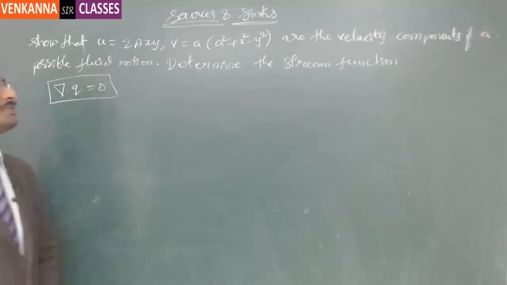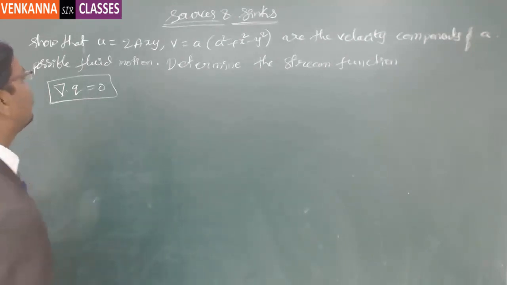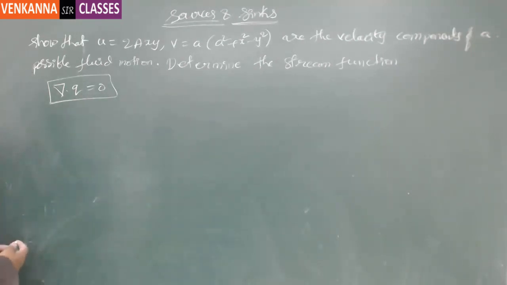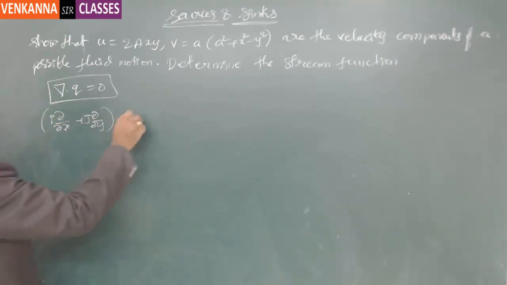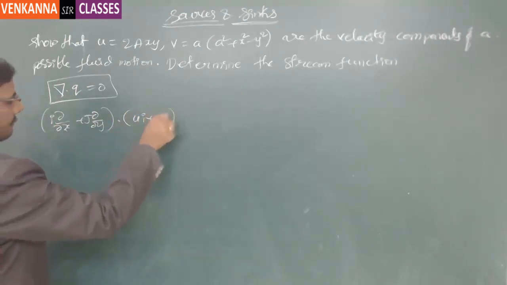Okay, so let me solve this. First, we will verify whether the continuity equation is satisfied. So del dot q is equal to 0. Del dot q is nothing but ∂u/∂x plus ∂v/∂y, that is (i ∂/∂x plus j ∂/∂y) dot (ui plus vj).